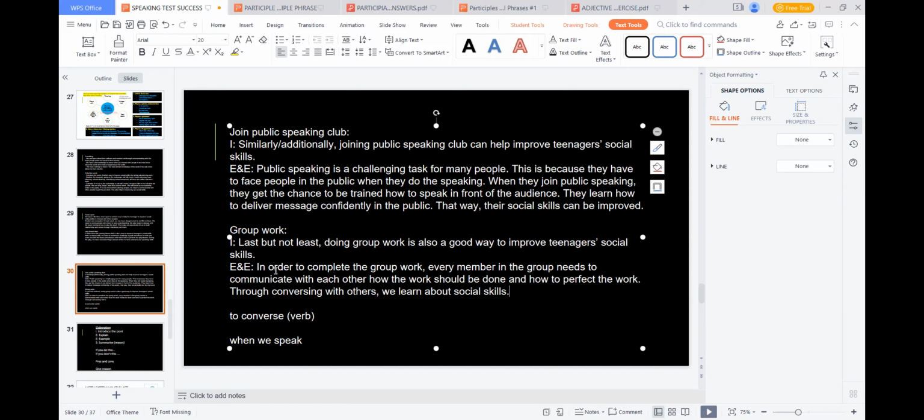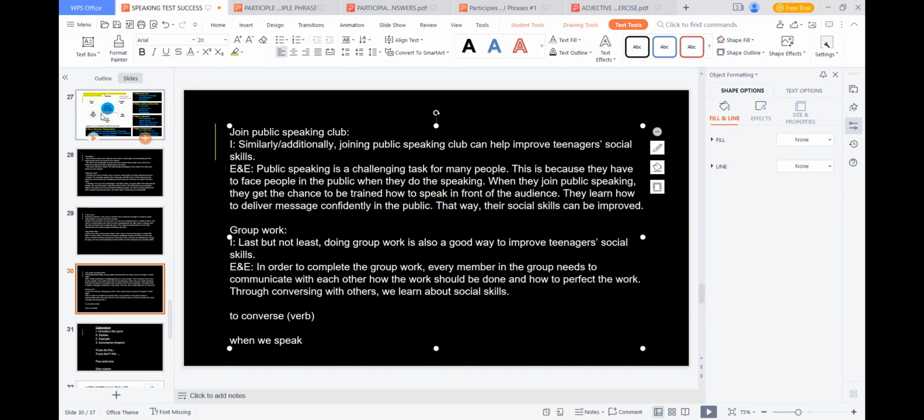You can say, in order to complete the group work, every member in the group needs to communicate with each other how the work should be done. Instead of saying it word by word. We don't do that because English speaking is like they sing a phrase. 他们是唱着讲的。你们看到他们的英文是唱着来讲的，不是一粒一粒字来讲的。Okay, try 啊. Okay, all right.